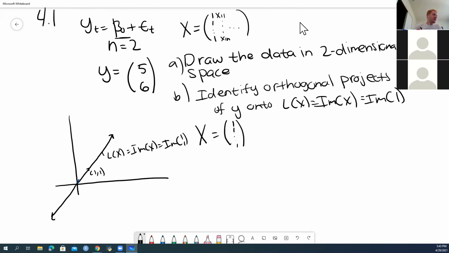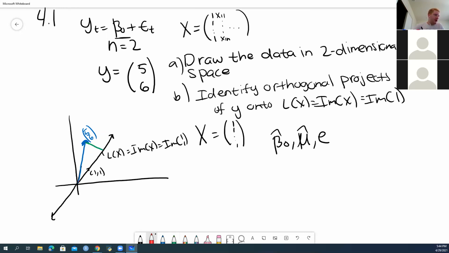So 5, 6, I'm sorry if this is above or below incorrectly, but I'm just too tired to think. This would be our y vector, which would be 5, 6. To draw out what's happening, they want you to identify beta naught hat, mu hat, and E. When you find the orthogonal projection of y onto this, you just take this value and drop it down.